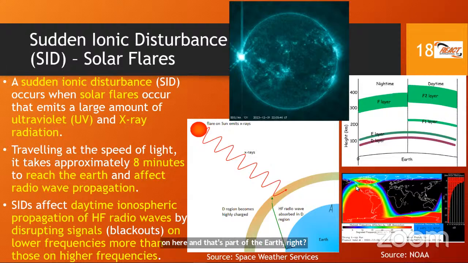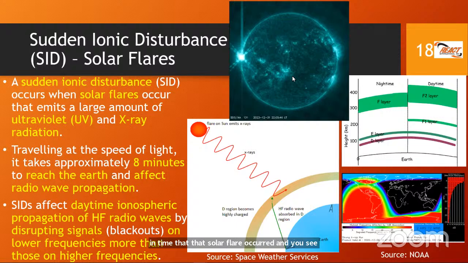So this is where it will be significantly affected, and because amateur radio signals bounce all over the earth, it affects global propagation. But this just shows the sun-facing aspect of part of the earth at the point in time that that solar flare occurred, and you see these diagrams. All right.